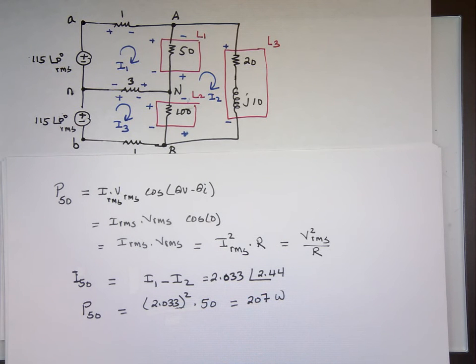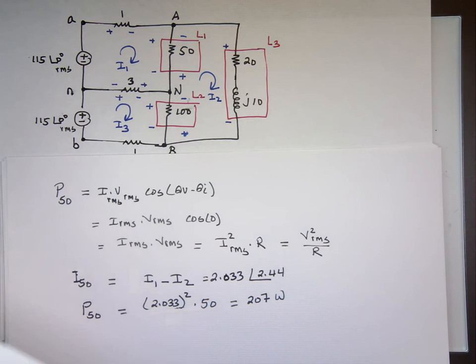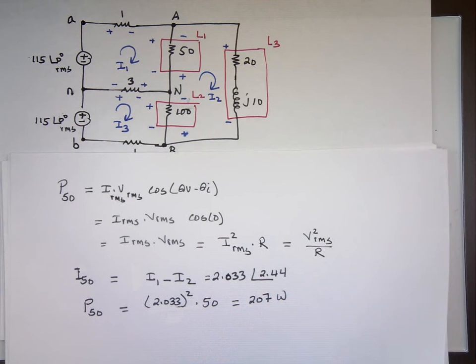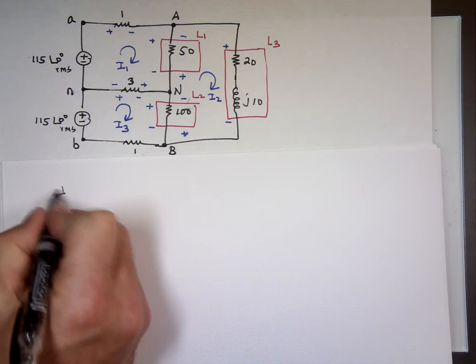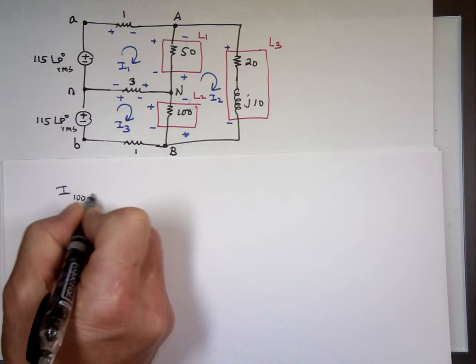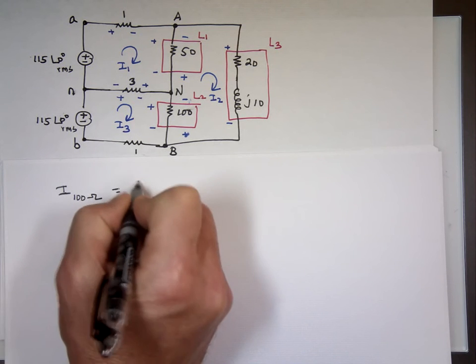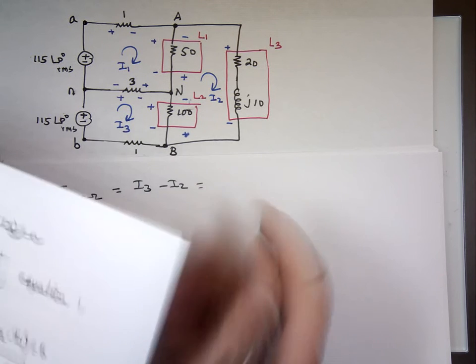Let's look at load 2 here. I need to find the current through load 2. So what is the current I through that 100 ohm resistor? It's I sub 3 minus I sub 2. Let me jump on my calculator here.